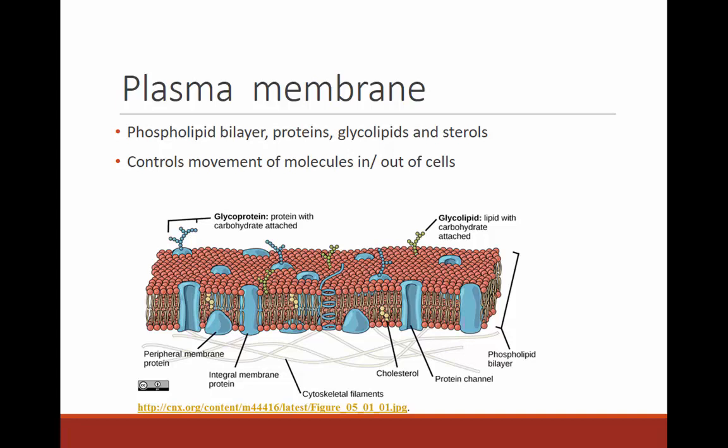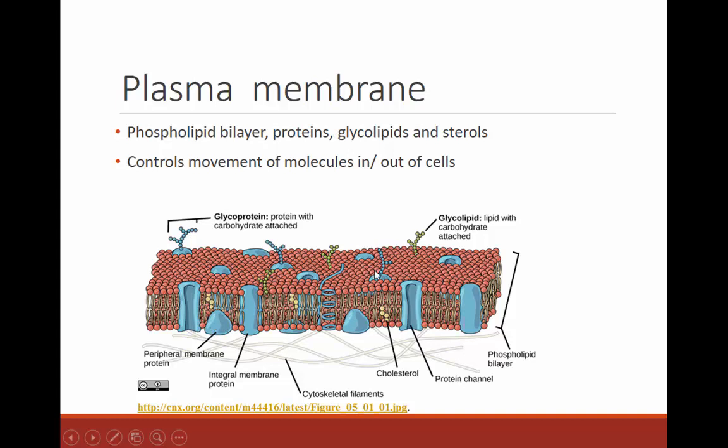Now, we go from the very centre to the outside when we talk about the plasma membrane. The plasma membrane, as you will remember, is a phospholipid bilayer. And not only has it got those phospholipids, it has a lot of proteins, glycolipids. The proteins can be spanning the whole membrane, or just put into one side of the membrane or the other.